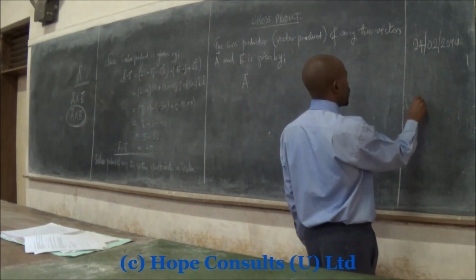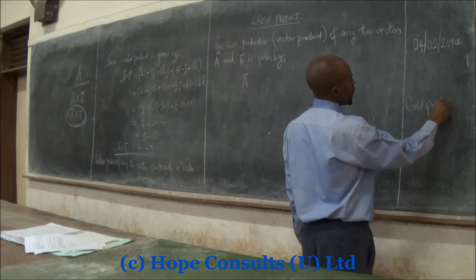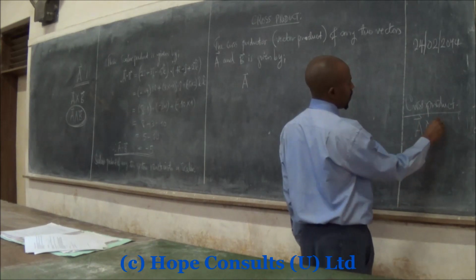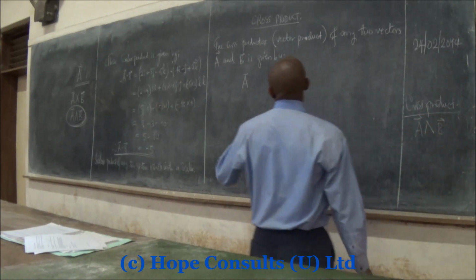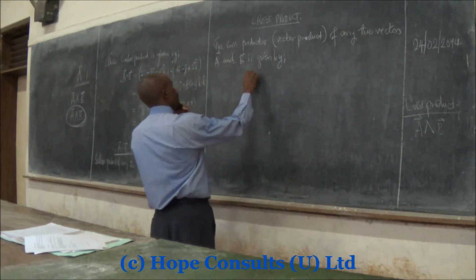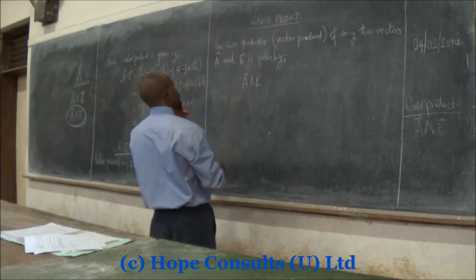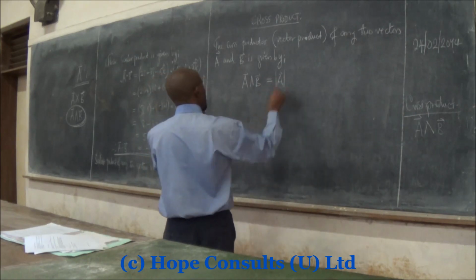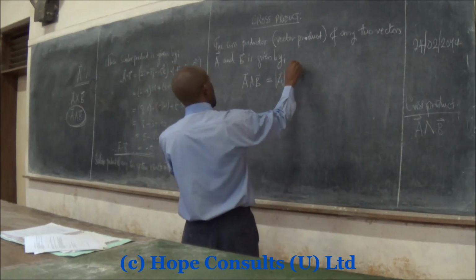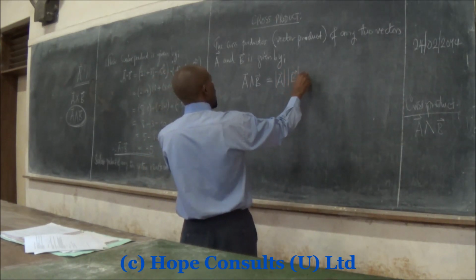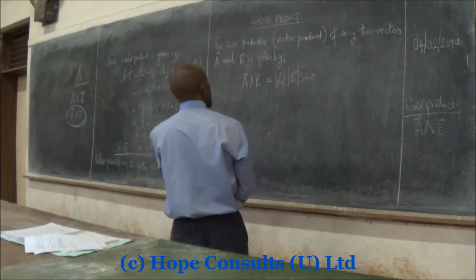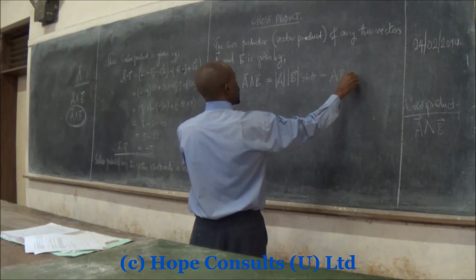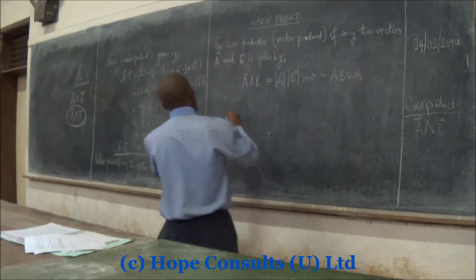So it's given by A cross B equaling the magnitude of vector A times the magnitude of vector B, then the sine of the angle between them, which can be just written as AB sine theta.